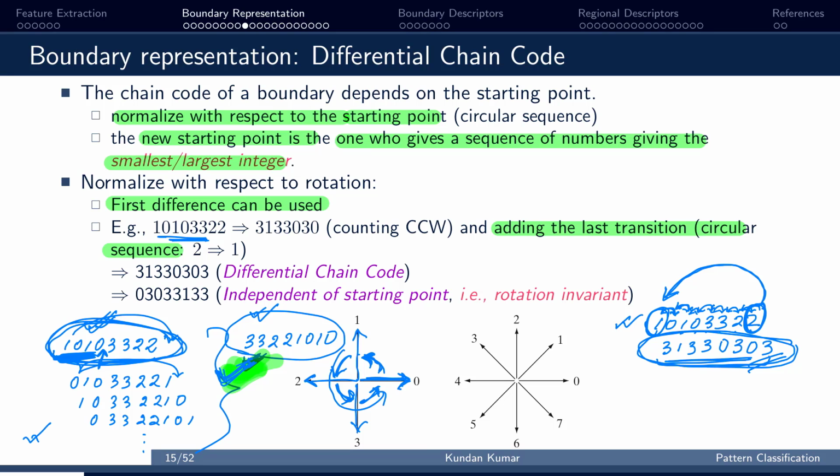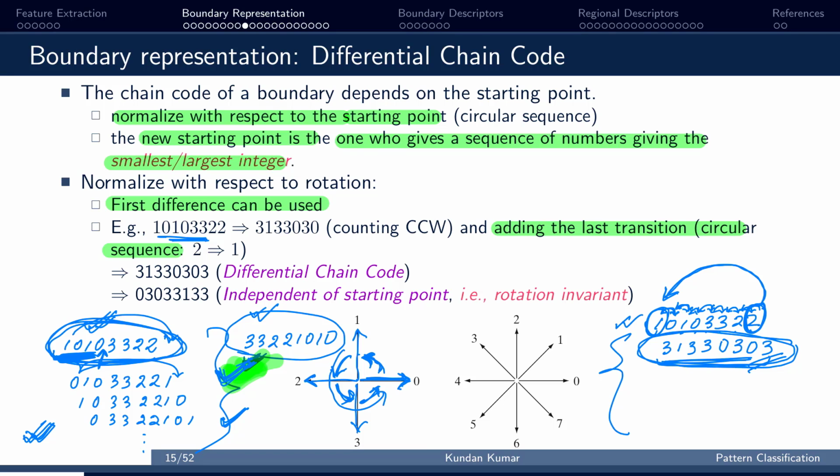As I just discussed, that means we have to make all possible integers using these digits in the circular sequence, and then select the integer which has the largest or smallest value.